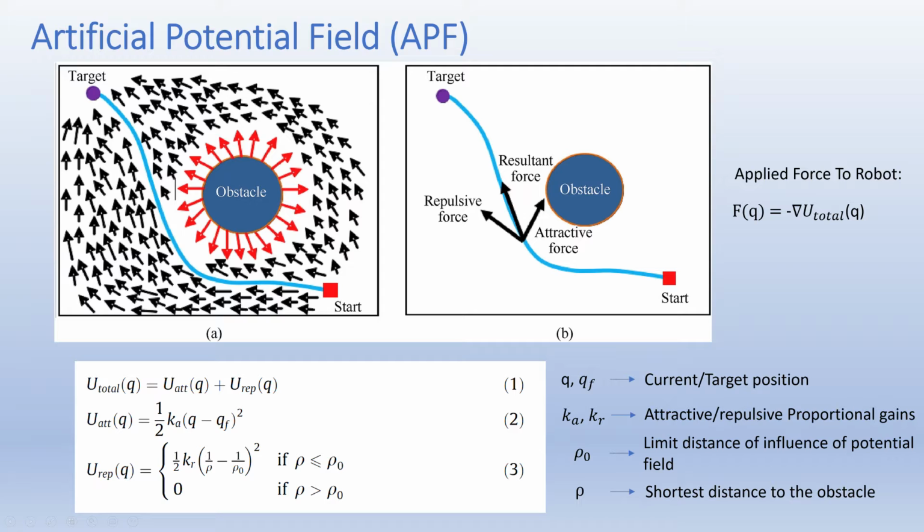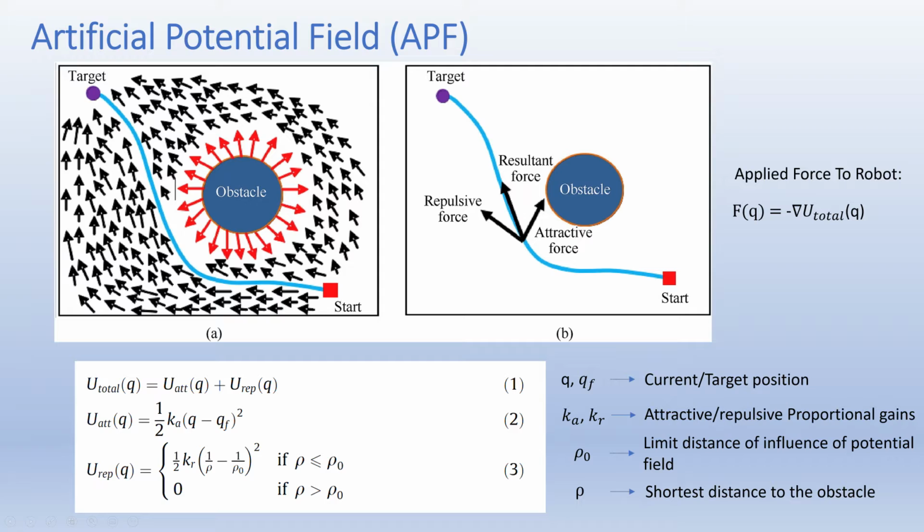Q and Q_f are the current and target position. K_a and K_r are the attractive and repulsive proportional gains, rho 0 is the limit distance of the influence of the potential field, and rho is the shortest distance to the obstacles.